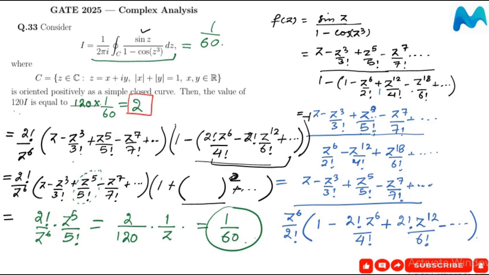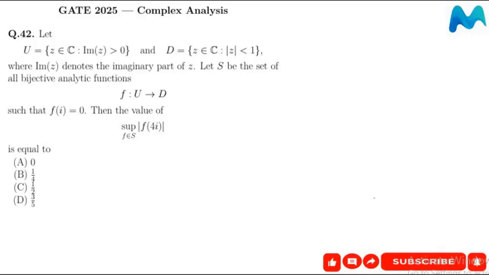Now move to the second. In order to solve this question, there's a theorem. Let us first discuss the question.